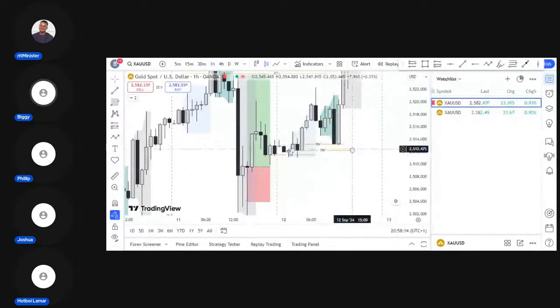But in the case where you have an indecision continuation candle like this, the market can either react from the up or it can react from the down part.